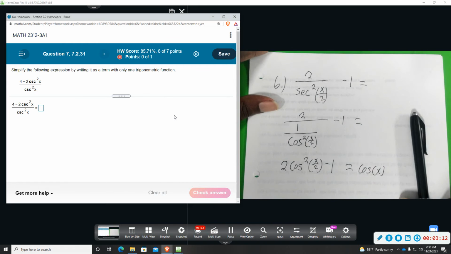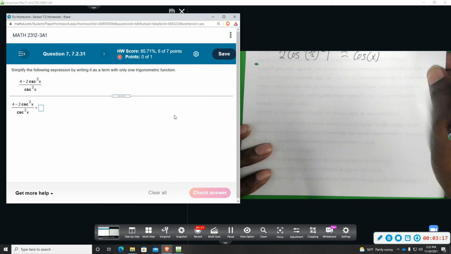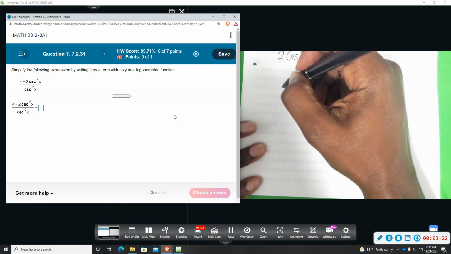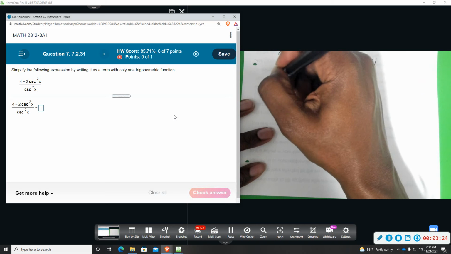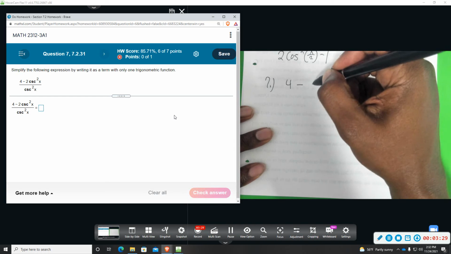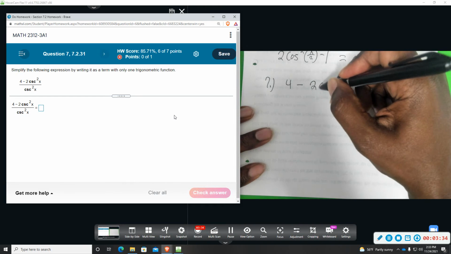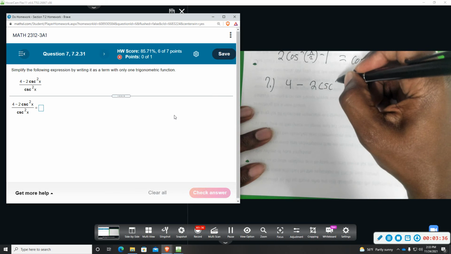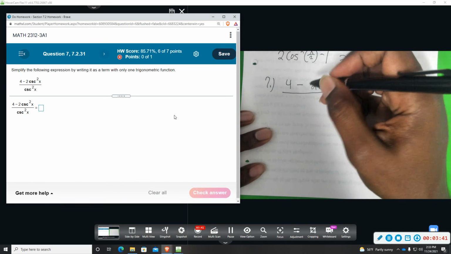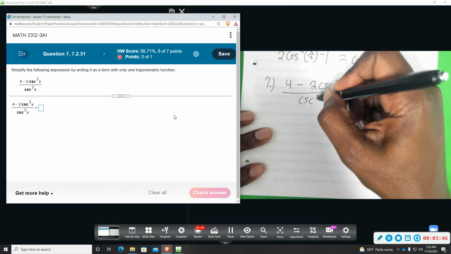Okay, so I'm going to start out with, again, probably rewriting these in terms of sine and cosine. 4 minus 2 csc squared x over csc squared x.